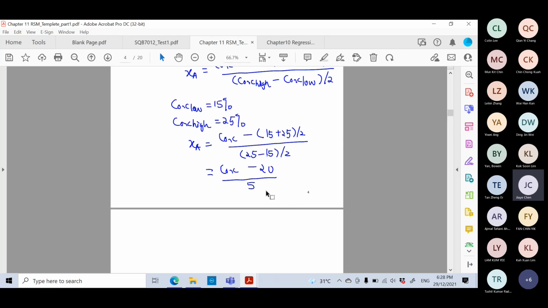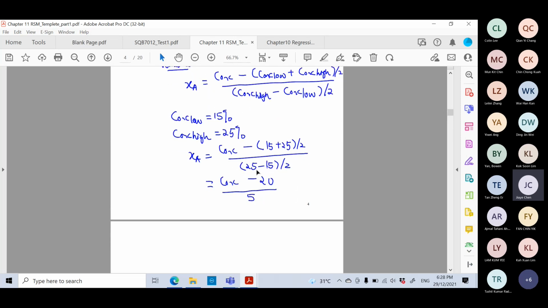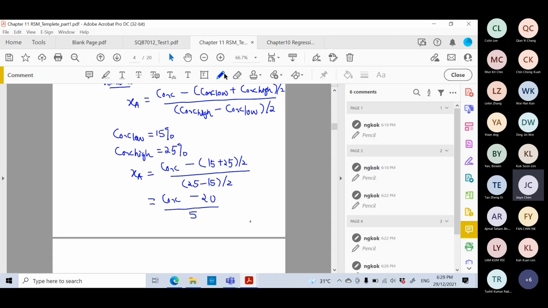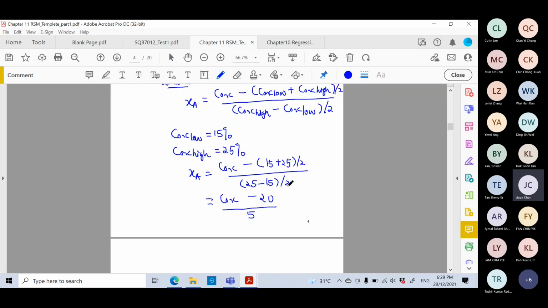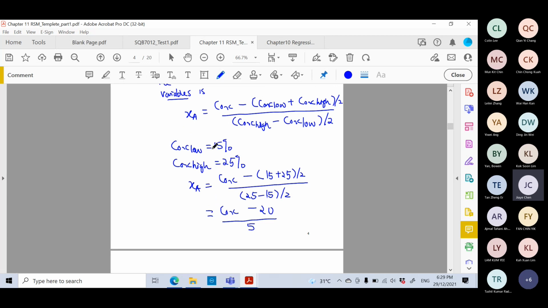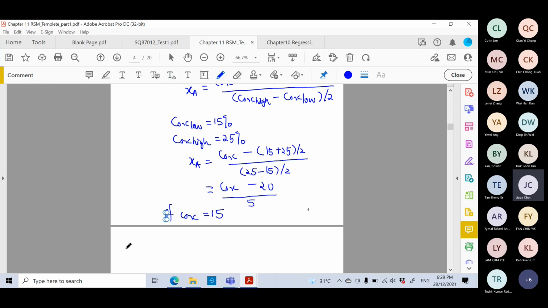Okay, so you have here the XA. If the concentration is equal to 15, what is your XA?